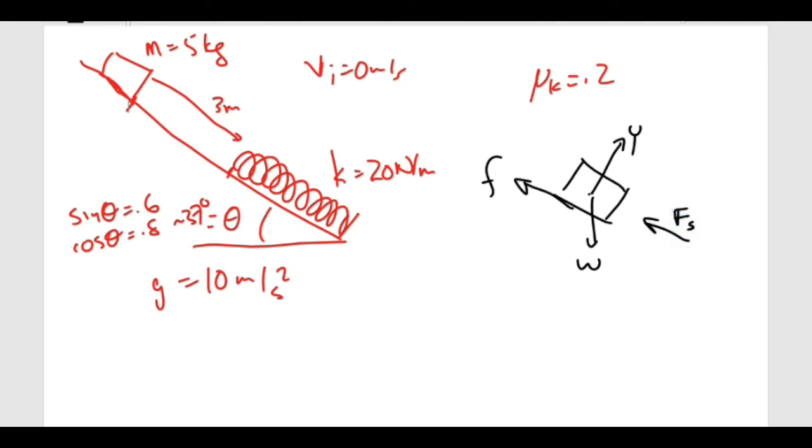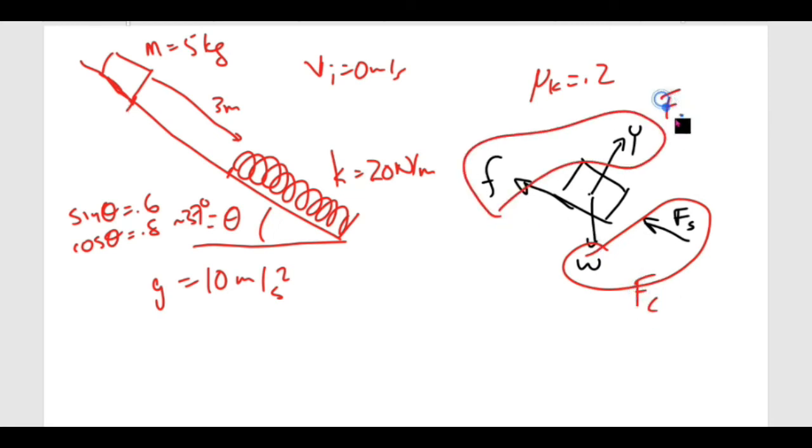If we think about conservative and non-conservative forces, we have our conservative forces here, and we have our non-conservative forces here. As before, normal force is not doing any work whatsoever, but friction is. Friction, this is kinetic friction, is doing some work. So we need to figure that out, but friction is dependent on the normal force. So I do need to break this up to figure out what the normal force is.